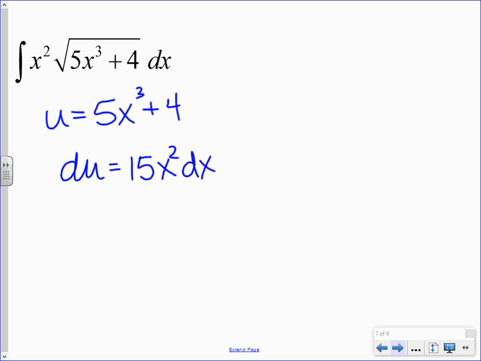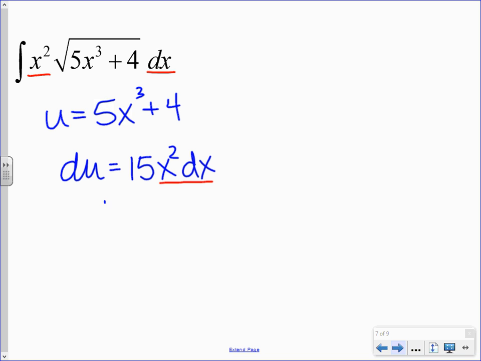Okay. Now the good news, obviously we have a dx. Do we have an x squared? We do have an x squared, right? We have x squared dx right here. But we do not have that 15, do we? Okay? So what we can do is we can take this and we can divide the 15 over.